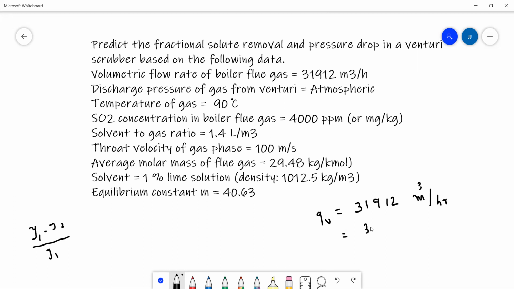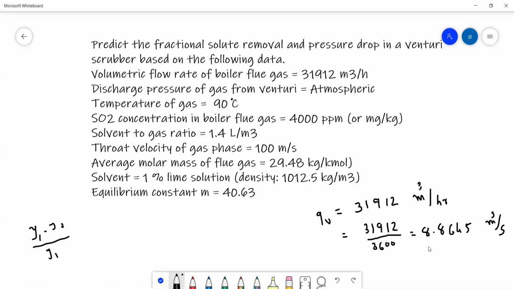So it is 31912 divided by 3600, which is equal to 8.8645 meter cube per second.